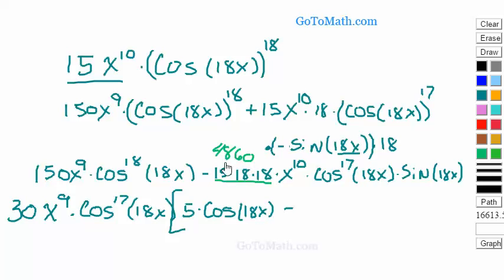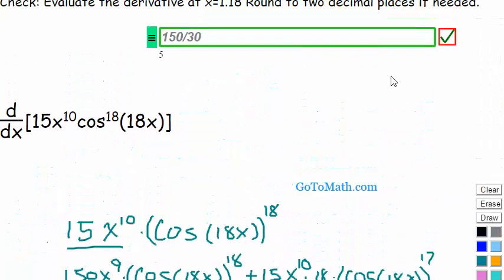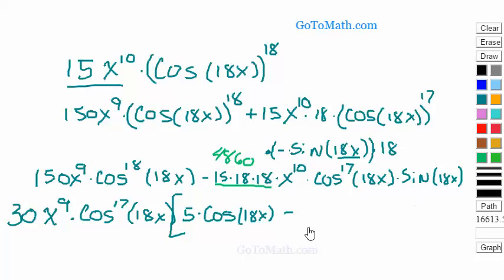So 30 goes into 4860. 4860 divided by 30. Let's see what we get on that. 162. All right. And so we're going to have 1x left because we pulled 9 of them out.